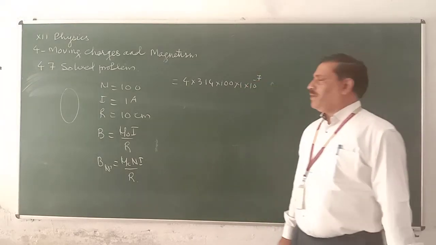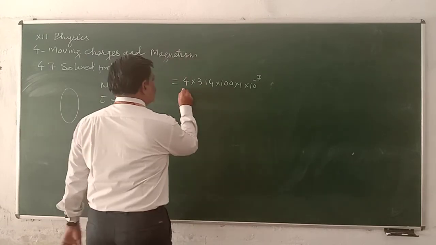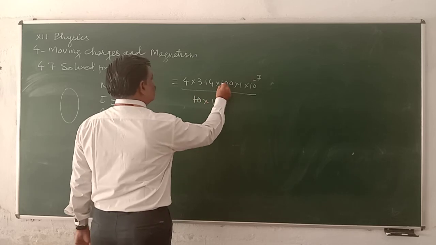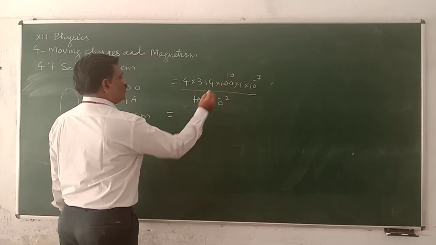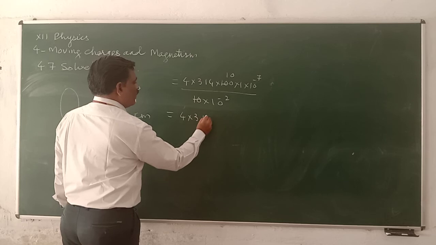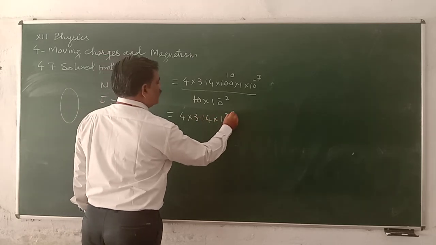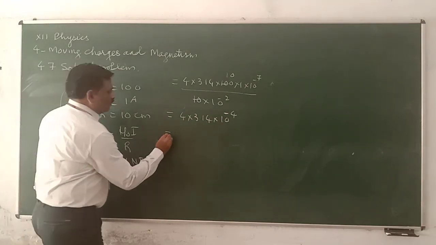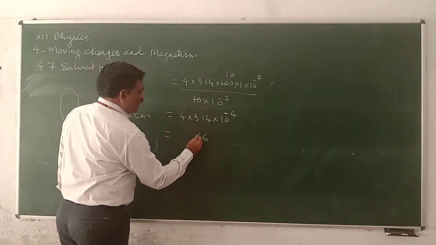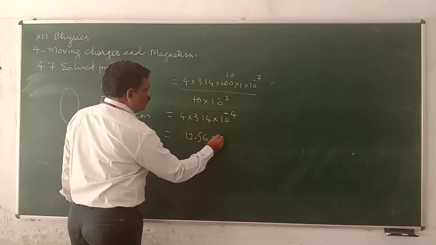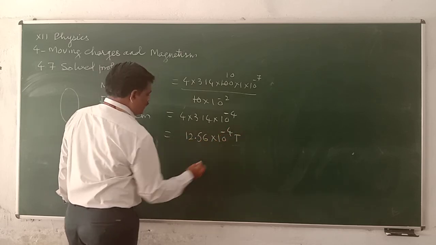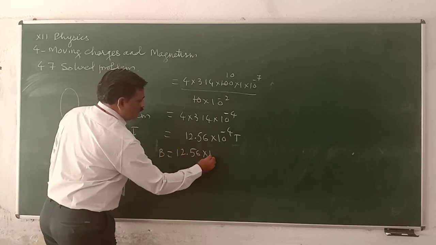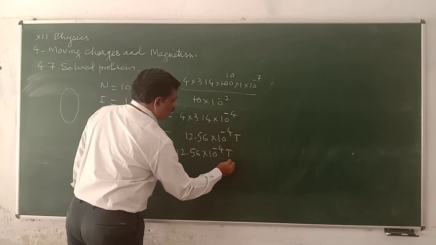Radius is 10 centimeter, that is 10 raised to power minus 1. So this is equal to 12.56 into 10 raised to power minus 4 Tesla. B is equal to 12.56 into 10 raised to power minus 4 Tesla.